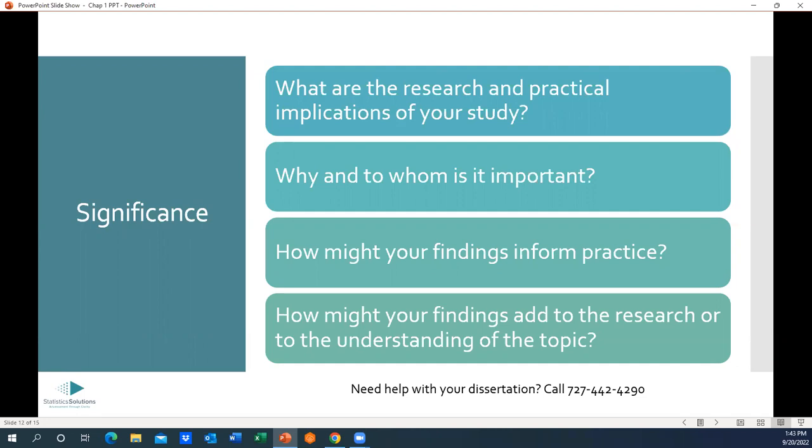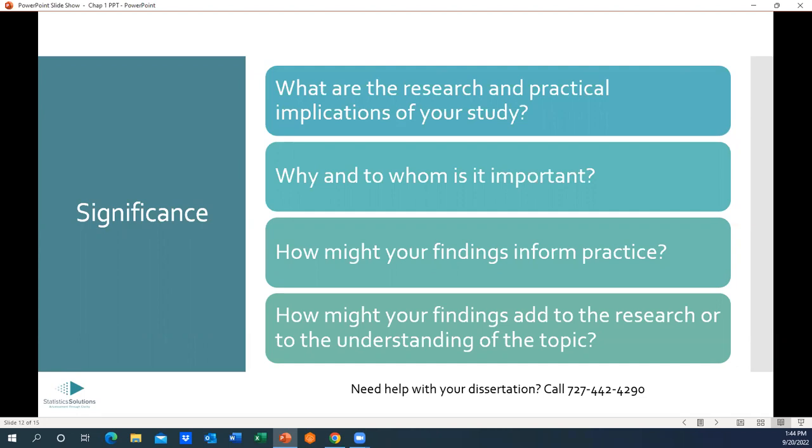How might they give information to researchers that would allow them to rethink research on the topic? Maybe your research will allow researchers to look at the topic in new ways, or to consider things they haven't considered in the past, or show that a certain theory applies or doesn't apply. But there should be some contributions, or potential contributions, that you can point to. How is it going to add to the literature? What is it going to tell us?